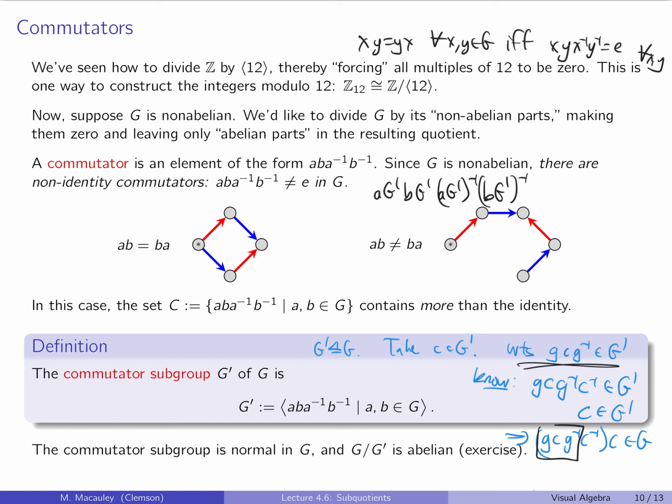So if you just take a commutator in the quotient, by definition, this is a, b, a inverse, b inverse, G prime, and this, by definition, is in G prime. So by our boring but useful coset lemma, this is equal to the identity element G prime.